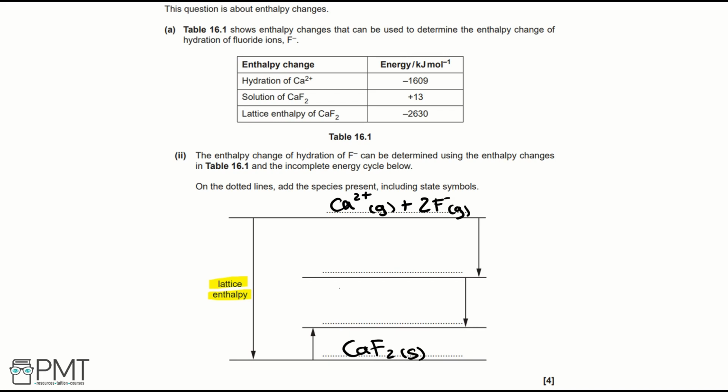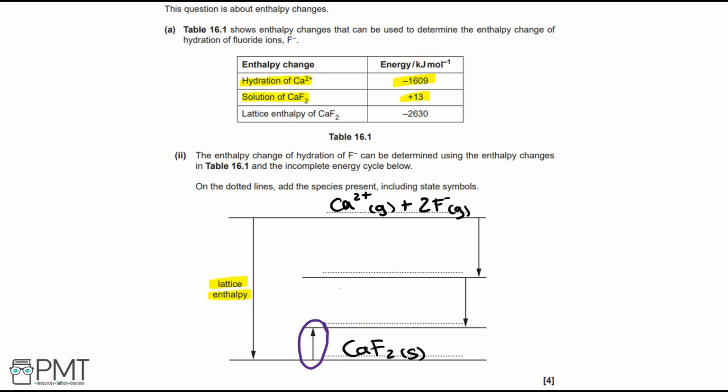Now we only have 2 values left in our data table. We have a negative and a positive value for hydration of calcium 2+ and solution of calcium fluoride. So there's only one positive arrow in this energy cycle, and it's here. That means this arrow must represent the solution of calcium fluoride.